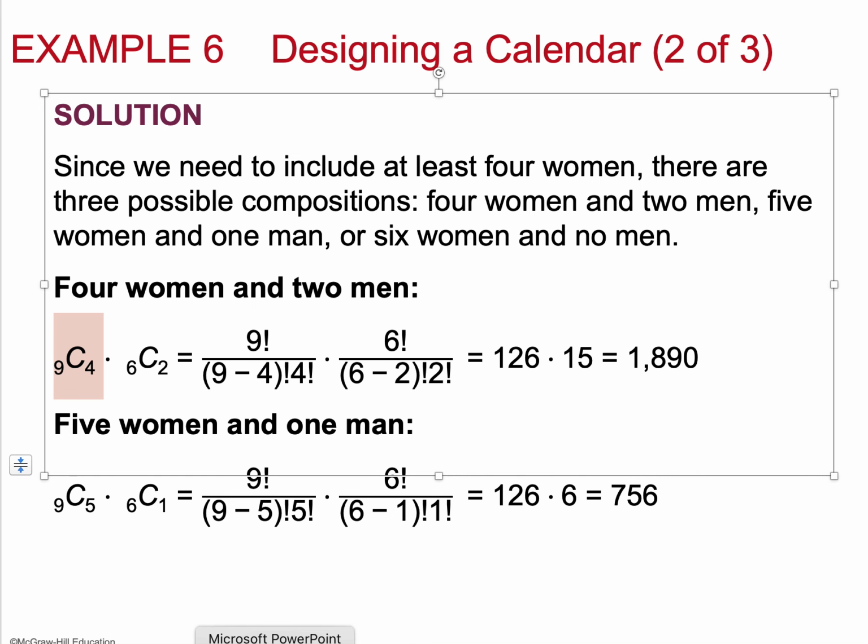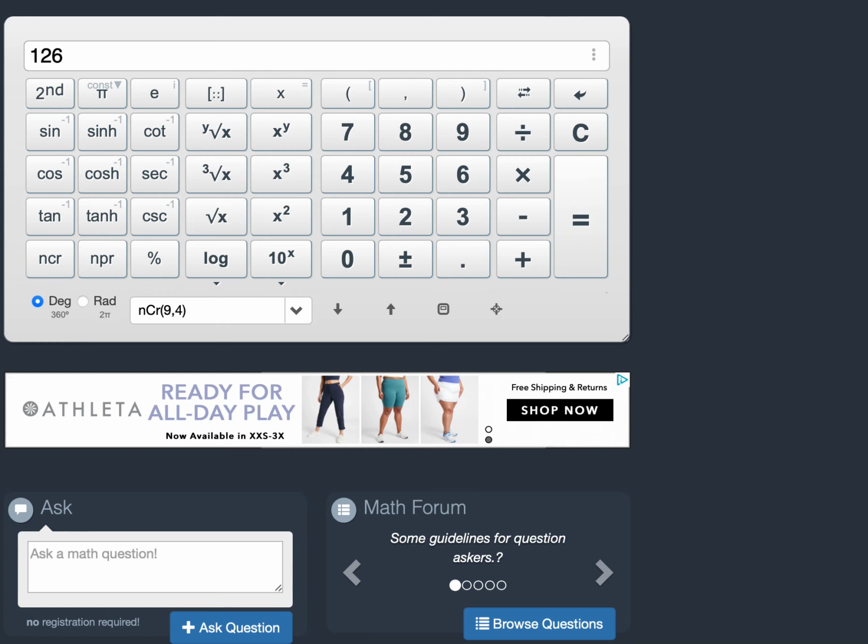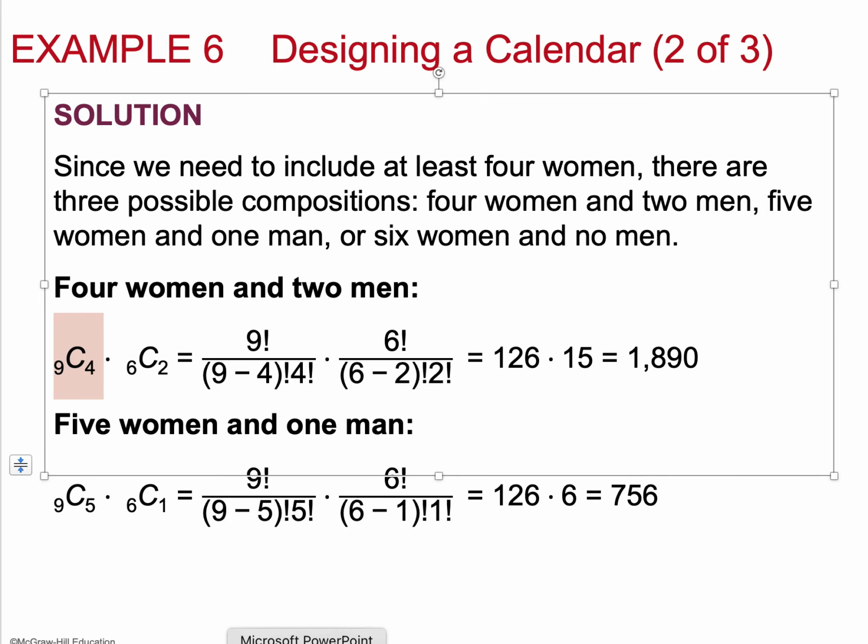Then from the men, I have 6 men total, and I would select 2. So I have nCr 6 comma 2, which gives me 15. To calculate the total number of ways, I'm going to multiply that 126 times 15, and that gives me 1,890.